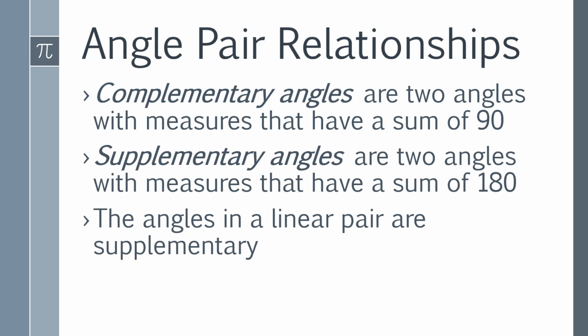Okay, so those are relationships that angles can have based upon their locations, right? Based upon how they're set up with each other. But angles can also have relationships based upon their values and what they add up to. So complementary angles are two angles with measures that add up to 90.